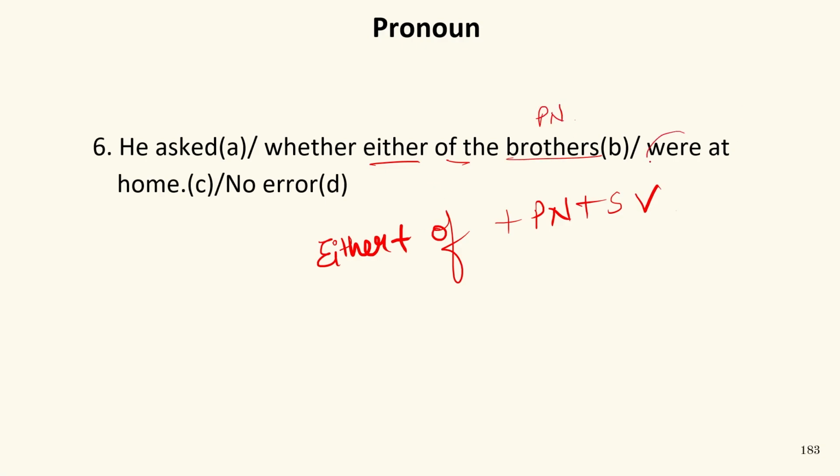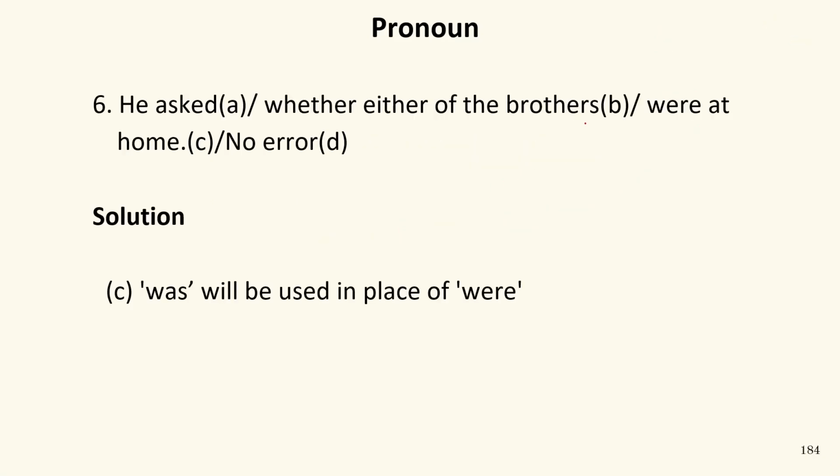Here it is okay, it is fine. Now were should be replaced with was according to the rule, because we are talking about any one of them. Either of the brothers means we have two brothers, out of which we have selected only one. So the error is in part C. Were should be replaced with was.